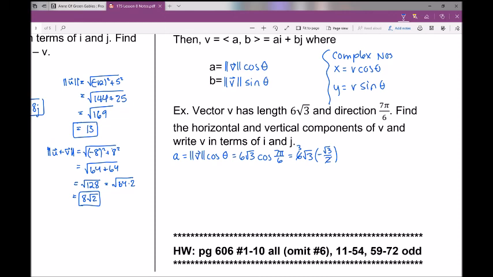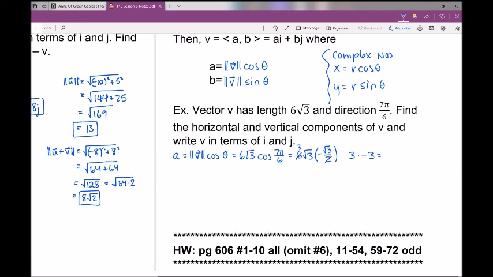So we have 3 times negative 3, which is negative 9. So our horizontal component of this vector is negative 9, and now we just need to find our vertical component.